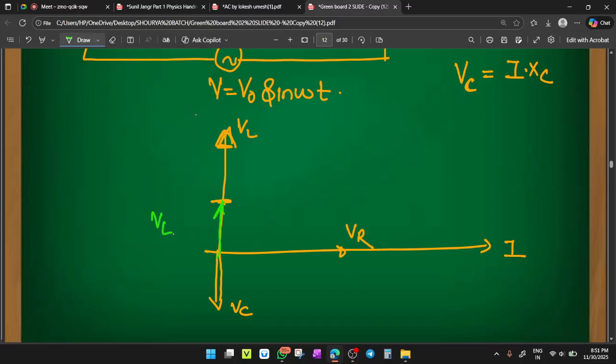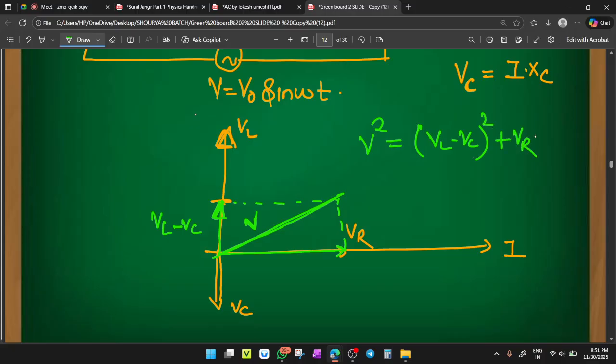Yes, this will be VL minus VC. Okay. So the resultant voltage is given by the magnitude of these two voltages. So complete a parallelogram and take the resultant of the two vectors. This becomes the resultant voltage V. So by Pythagoras theorem, V square equals (VL minus VC) square plus VR square.